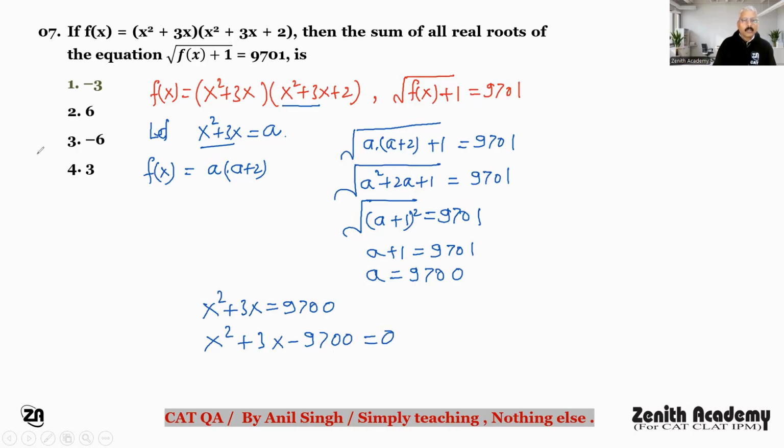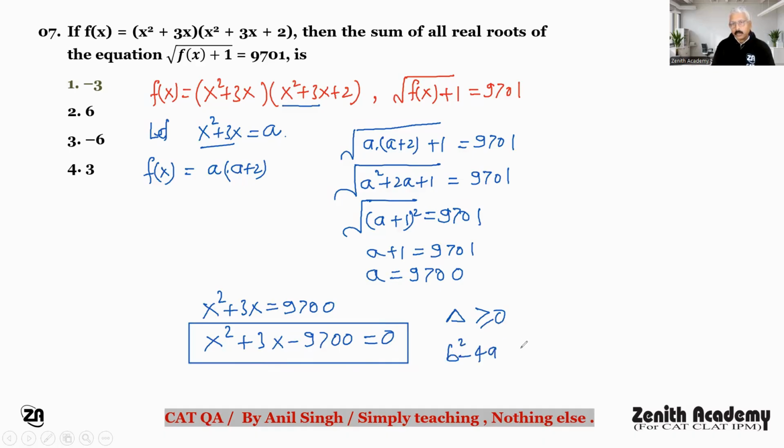And now this quadratic equation ax square plus bx plus c equal to 0 would have real roots when the discriminant delta is greater than or equal to 0. So it is b square minus 4ac must be greater than or equal to 0.